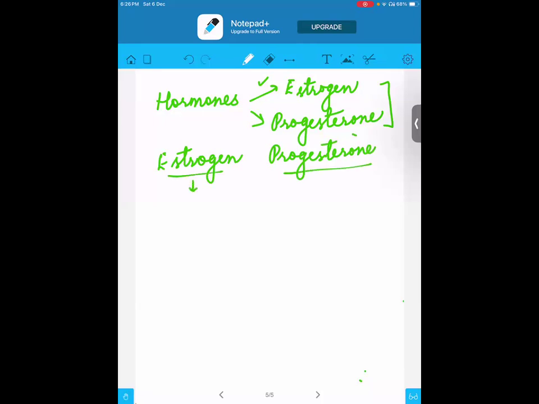Estrogen basically prepares the uterus. The uterus is there in the females, so estrogen prepares the uterus lining. For what do they have to prepare the uterus lining? For the menstrual cycle.